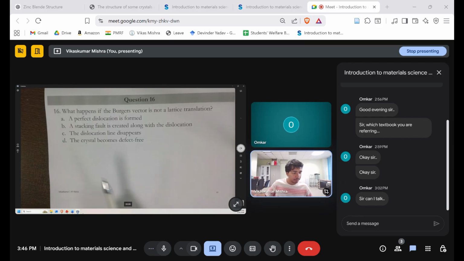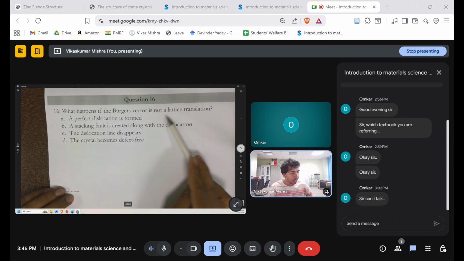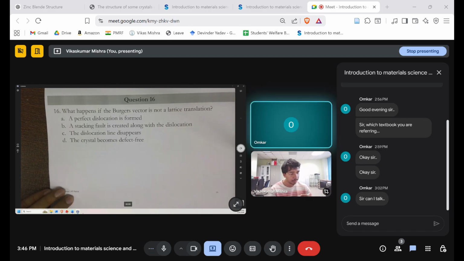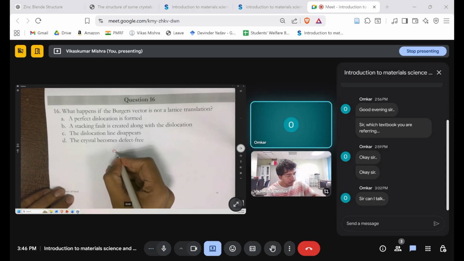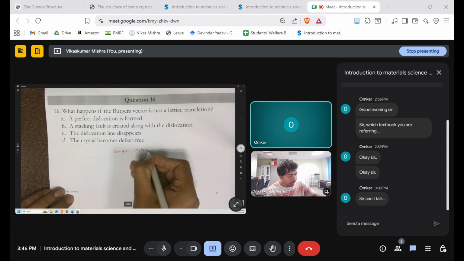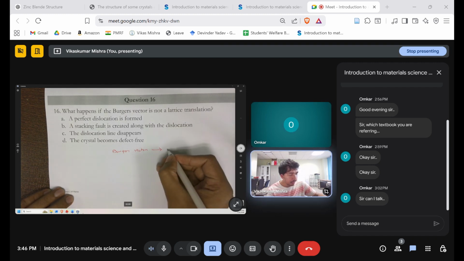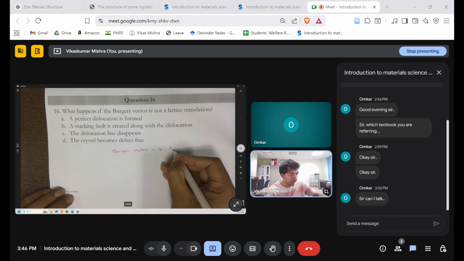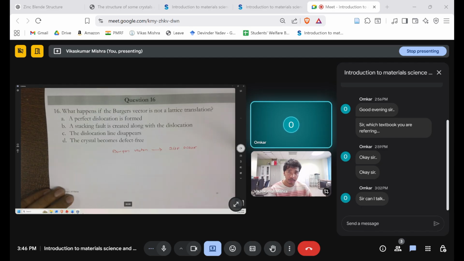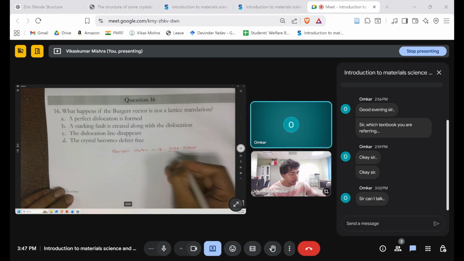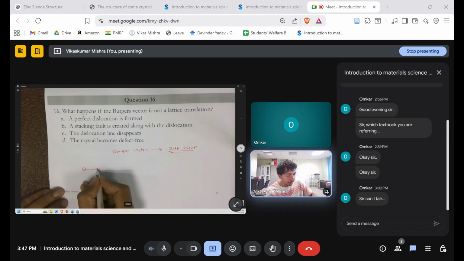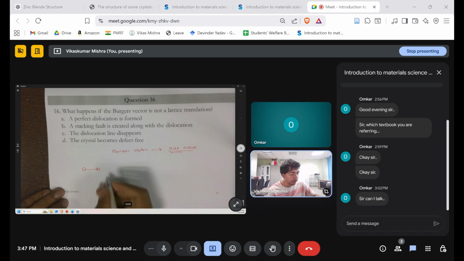Question number 16. What happens if the Burgers vector is not a lattice translation? This is something which we discussed. The Burgers vector is telling us the magnitude and the amount by which the slip has occurred. If slip occurs from one lattice point to another lattice point by this much magnitude, then it's a perfect dislocation.